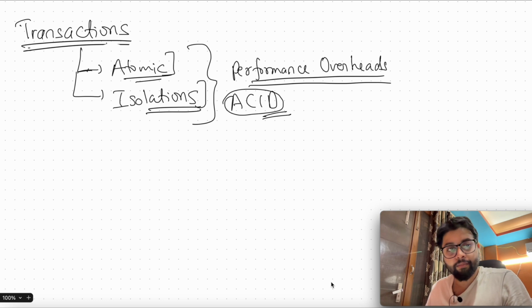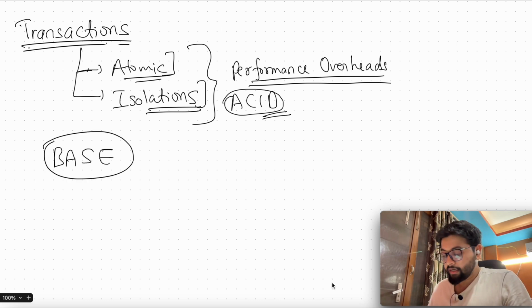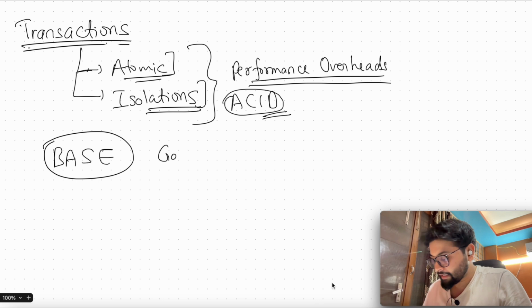Now there are other types of systems as well that do not follow these ACID properties, right? And they generally follow a BASE property, right? This has sometimes less overhead by sacrificing the atomicity, isolation, consistency and durability, the ACID nature. By sacrificing the ACID nature, they try to get good performance, an improved performance over the classic ACID properties. So basically BASE has improved performance, right?